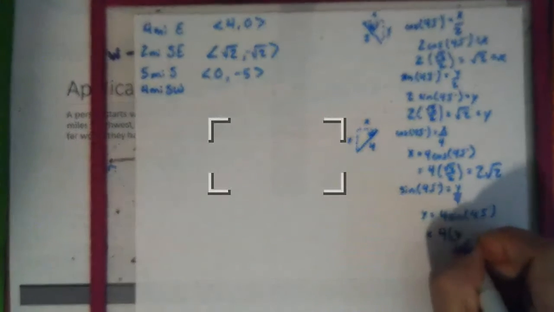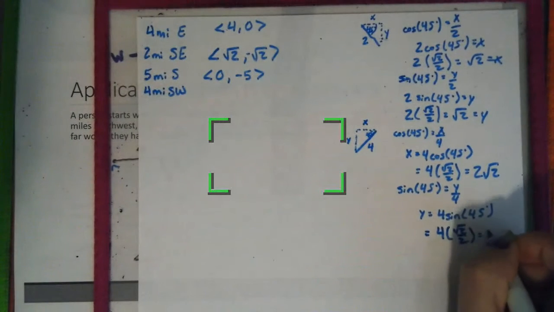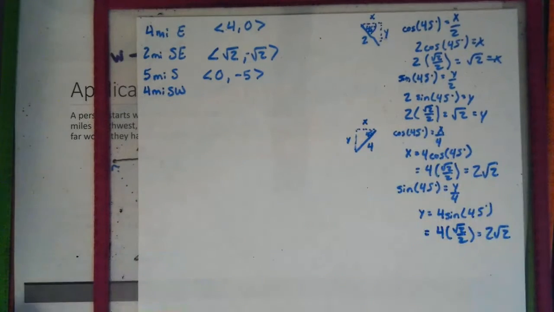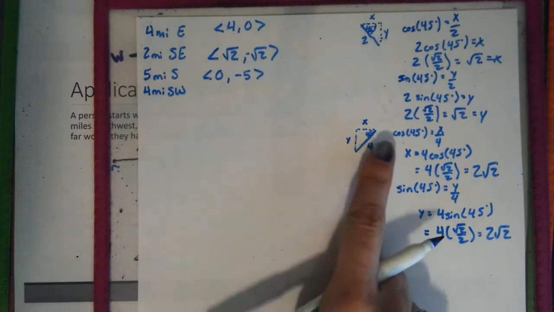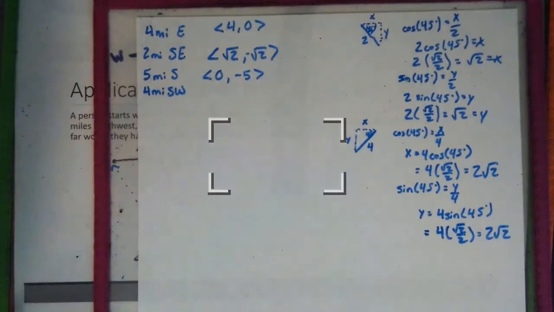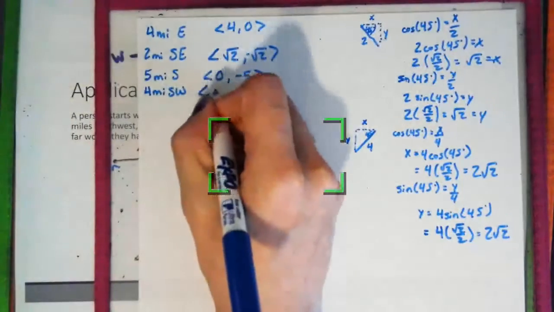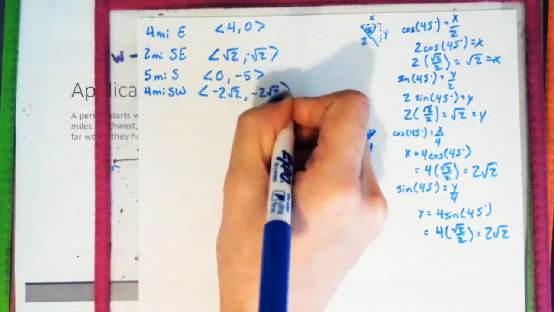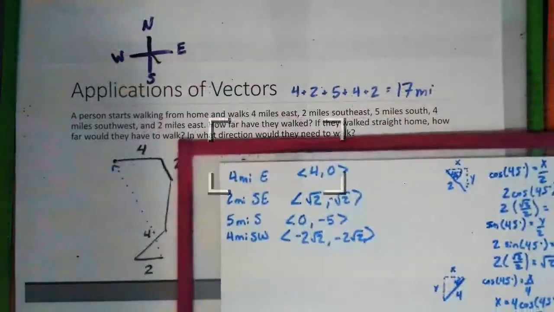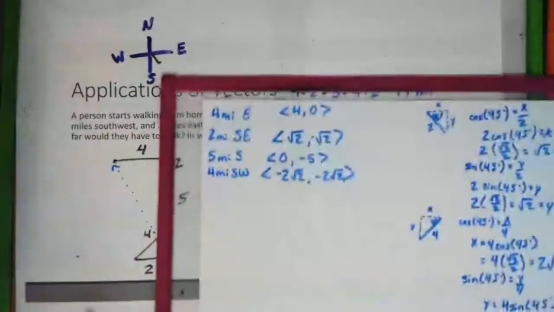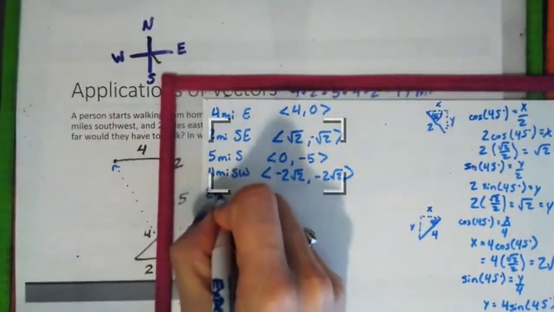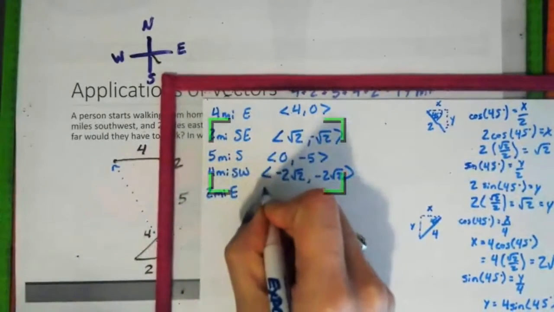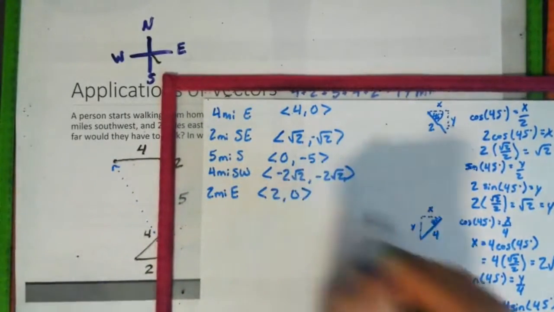So that will be 4 times square root of 2 over 2, which is 2 square root of 2. This time x is negative and y is negative. So this is going to be negative 2 root 2, comma negative 2 root 2. And finally, they went 2 miles east, which is 2, 0.